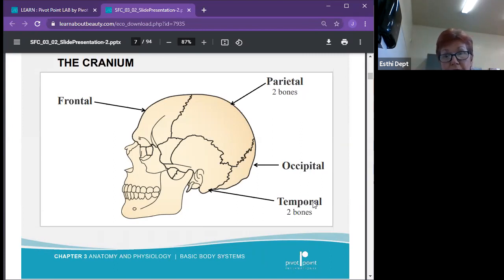So that's 3 bones we're talking about so far. Your occipital forms the back of your skull, and it's the indent above the nape. If you feel for the back of your head, that indent is above the nape area.